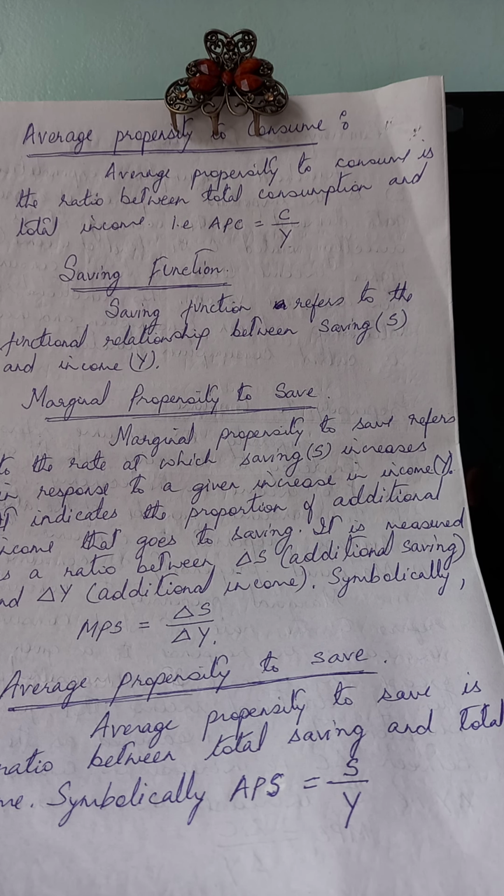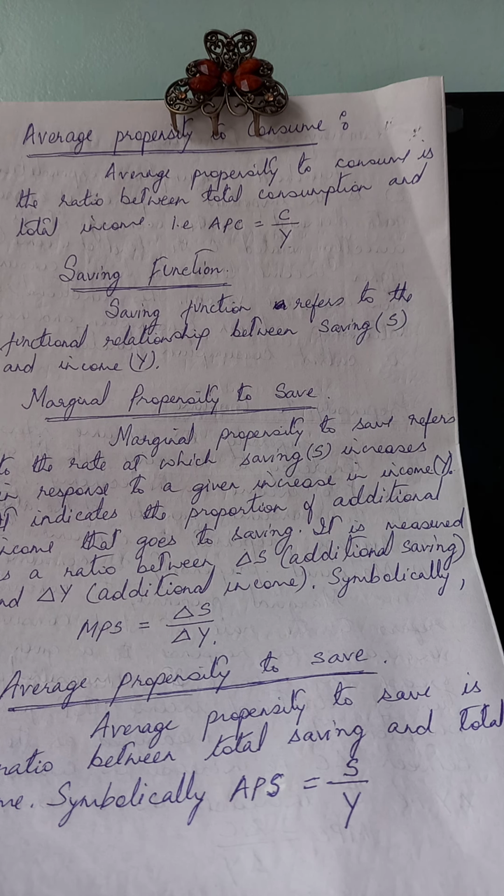So that increase in the level of savings due to an increase in the level of income is referred to as the marginal propensity to save, which is represented as del S divided by del Y, where del S refers to the increase in savings, whereas del Y refers to an increase in income.